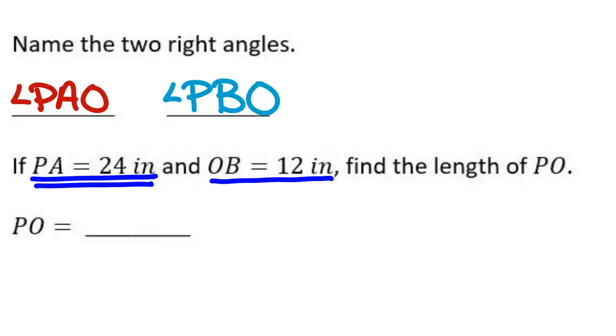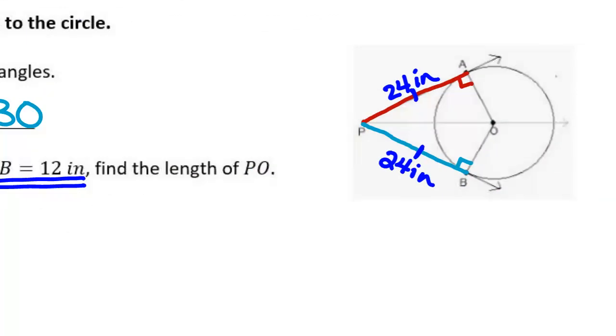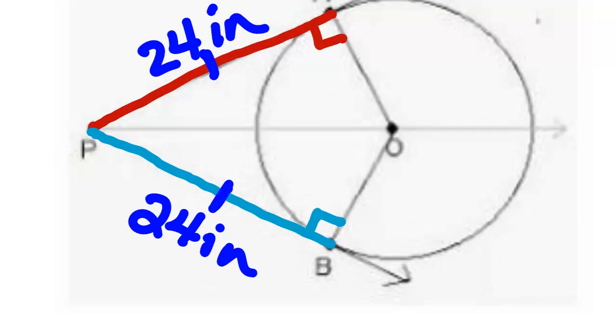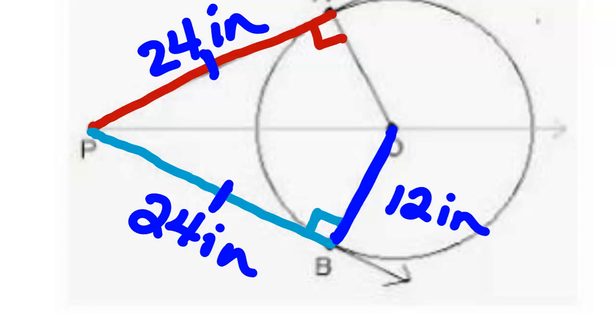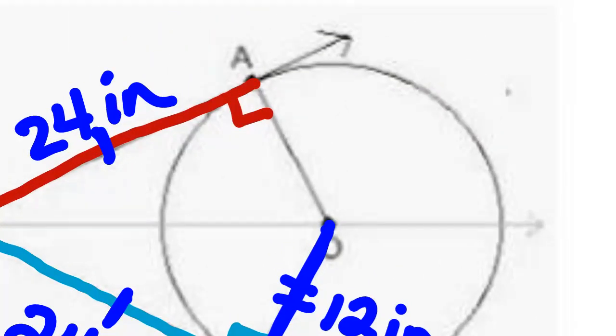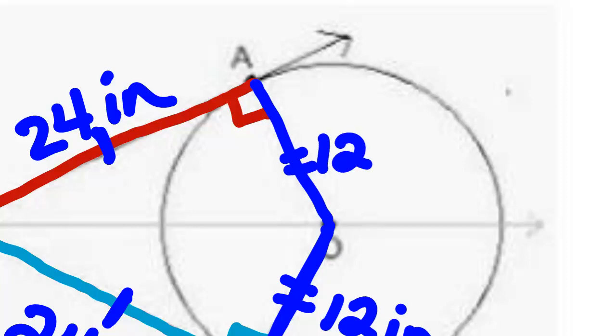It says that OB is 12 inches. So this segment right here is 12 inches. What do we know about all the radii in a circle? They're congruent. So OB is exactly the same size as what else? OA. 12 inches.